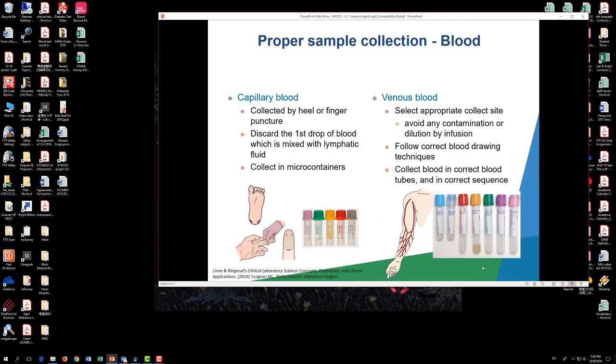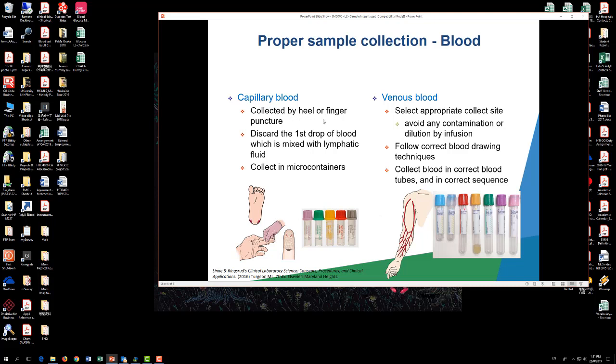And about the blood, we commonly receive capillary blood or venous blood. We usually collect capillary blood from heel or finger puncture.